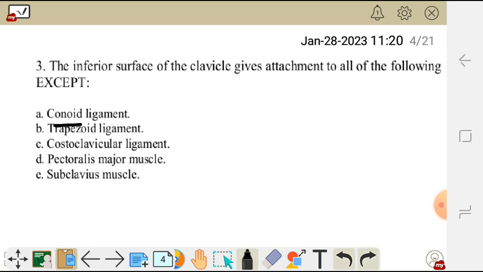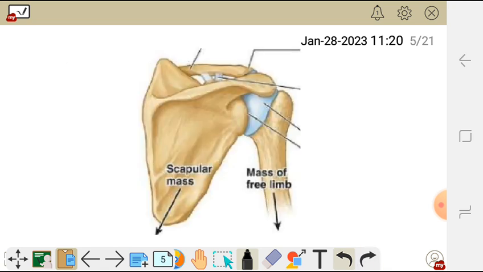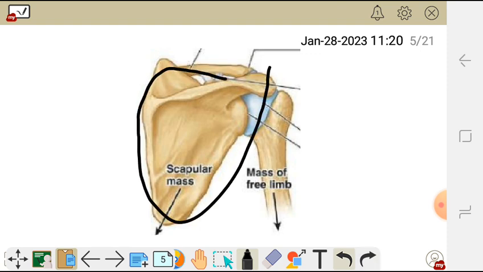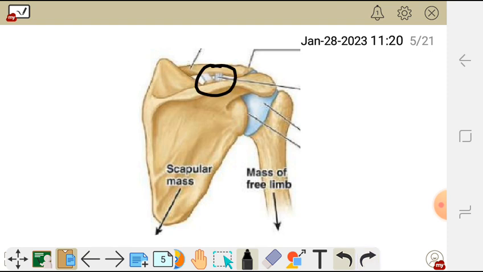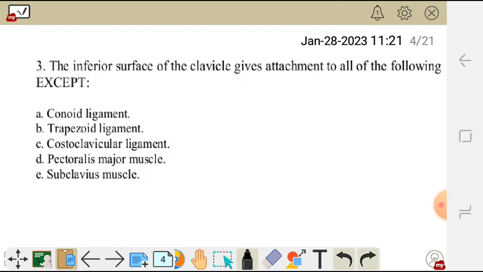The conoid ligament and the trapezoid ligament are ligaments which attach the clavicle to the scapula. The ligaments which are here are the conoid ligament and the trapezoid ligament. They attach on the inferior surface of the clavicle, and the subclavius muscle also attaches on the inferior surface of the clavicle, but except the pectoralis major, which attaches on the anterior surface.